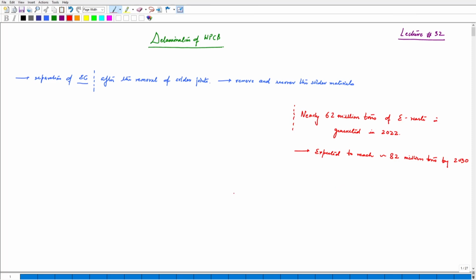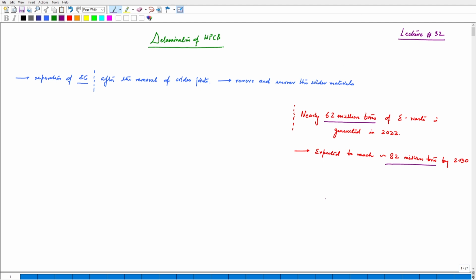Depending on various growth rates that people are able to model, they have different values that they are projecting, and this is very crucial, because if these are the values of e-waste, then delamination becomes a very important activity to treat the incoming e-waste.